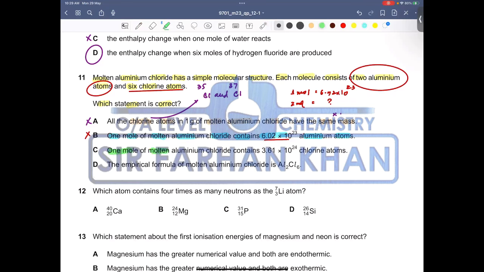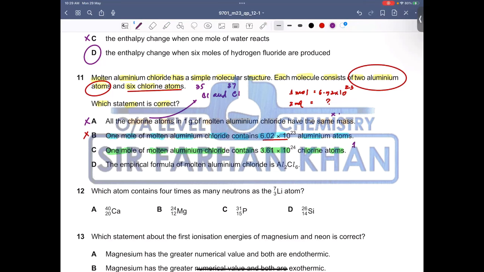1 mole of molten aluminum chloride contains this much chlorine atoms. Again, 1 mole is always equal to 6.02 times 10 to the power 23 atoms. Now how many chlorine atoms do we have? 6 chlorine atoms, guys. So if we have 6 moles of chlorine atoms, how much amount do we have?